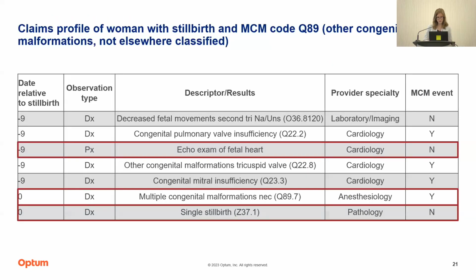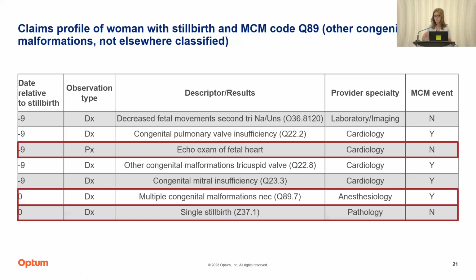So we wanted to dig further into a claims profile of a woman with stillbirth and MCM code Q89, other congenital malformations not elsewhere classified, to really get at, is this a maternal code? Is this a code for the non-live birth? And what we were looking for were things that could indicate that an MCM could be diagnosed.